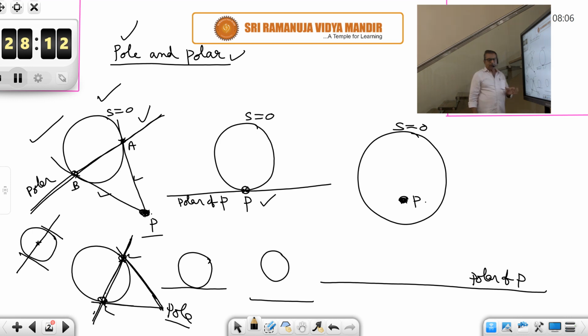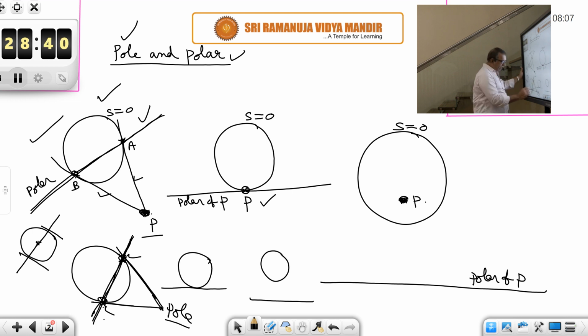So for diameters, there are no poles. For centers, there are no polars, and for diameters, there are no poles. Diameters come under the category of lines intersecting the circle in 2 points. So all lines intersecting the circle in 2 points will have poles except the diameters.